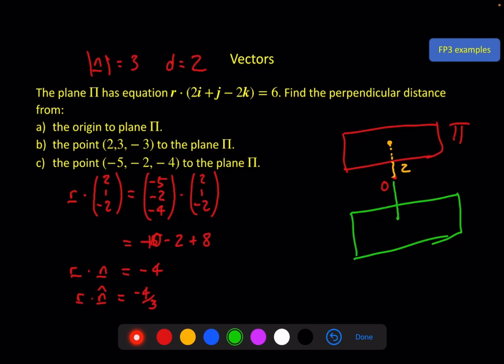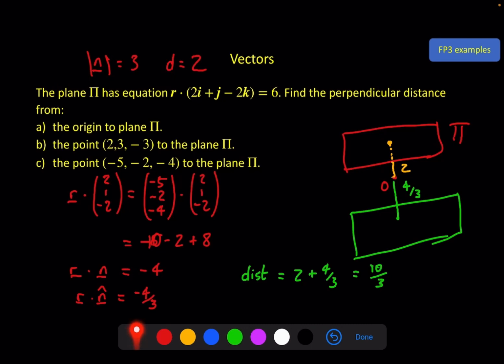And in this case, with my bad scale, that's 4/3. So the distance between these two planes is not the difference in terms of subtracting the values, but we're adding the magnitudes. So the total distance here is 2 plus 4/3, gives us 10/3.